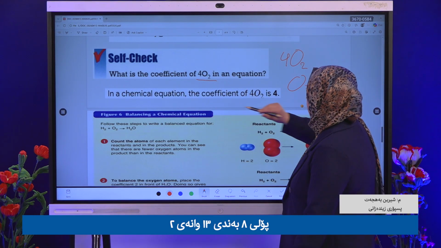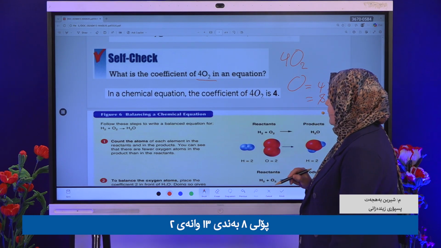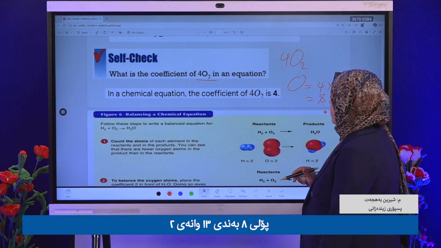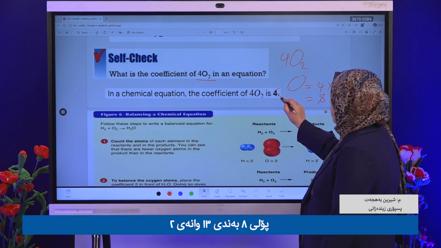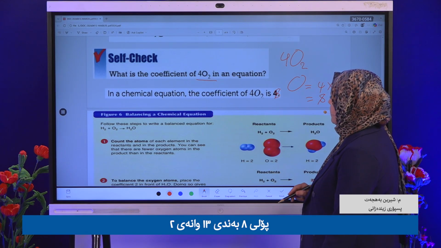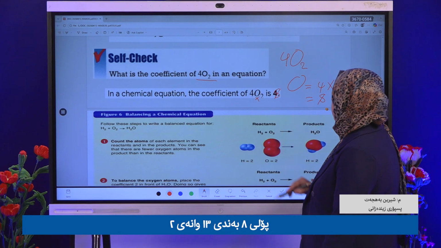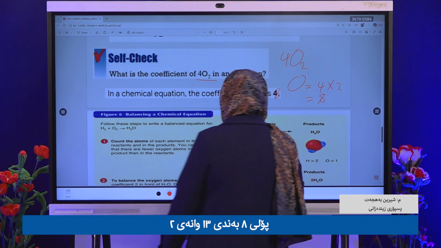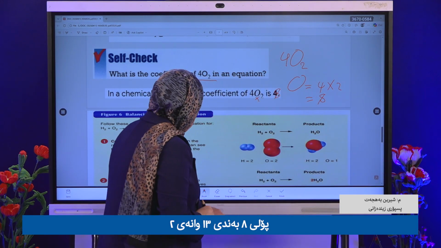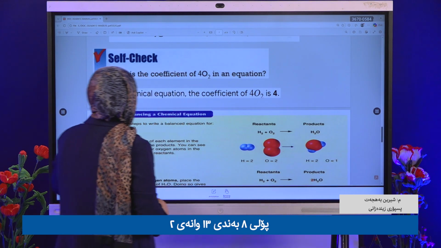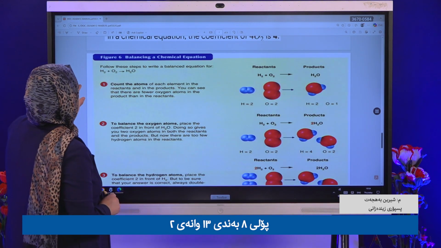Sorry, when you multiply, it will be 8. So the number of oxygen atoms is 8, not 4, because we multiply. Clear? Okay. Yes.